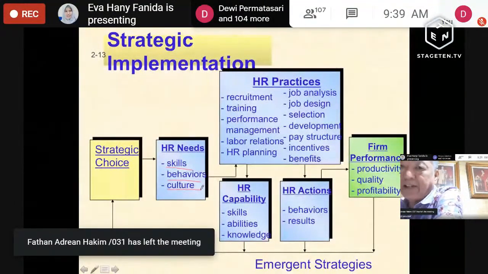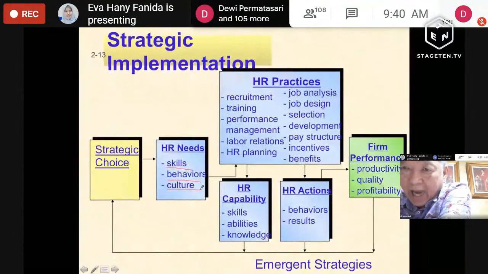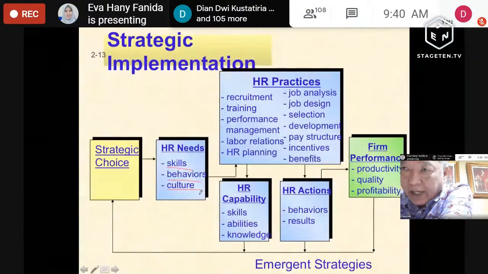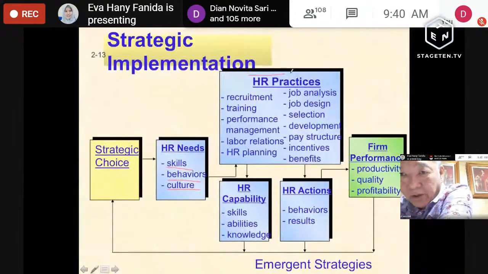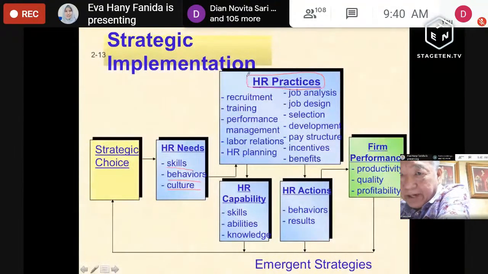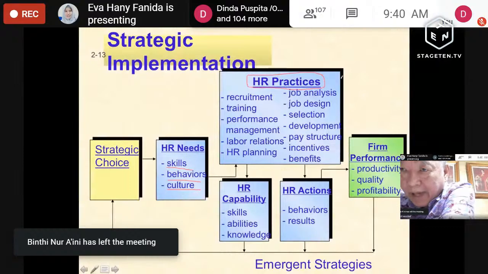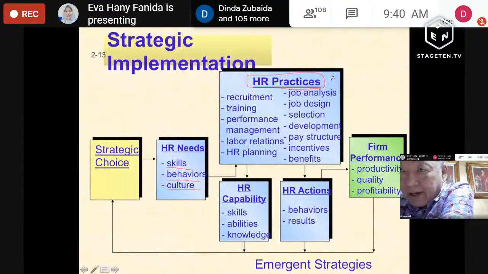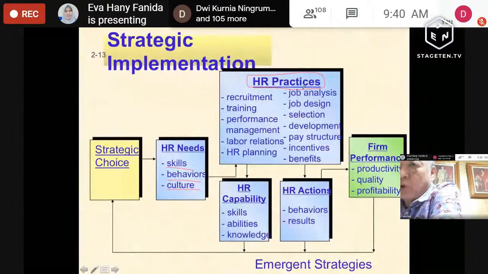You can see the arrow, the head of the arrow, from HR needs to HR practice. The arrow points to HR practice. HR practice means the HR functions that we utilize in order to get the HR needs.